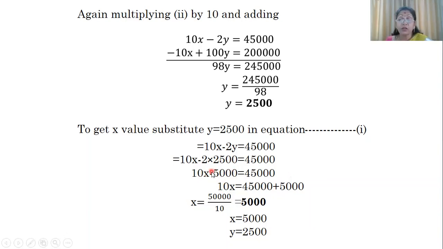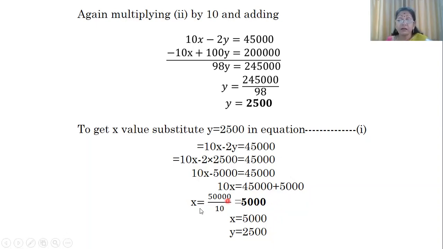After the equal sign, this minus moving to this side becomes plus. Here 10x equal to 45,000. This minus, if it moves to this side, is plus 5,000. 45,000 plus 5,000 will get 50,000.